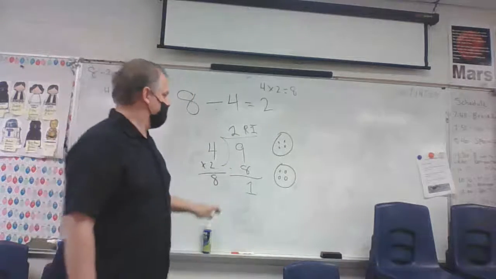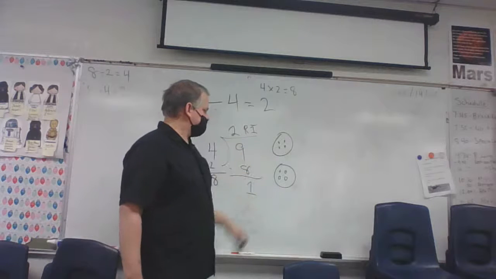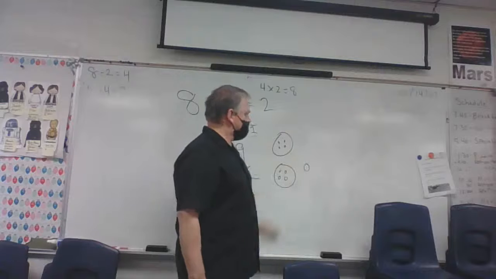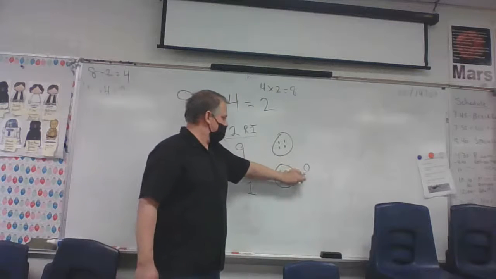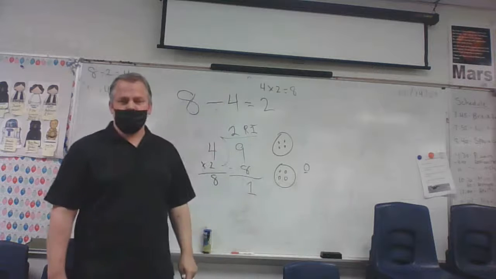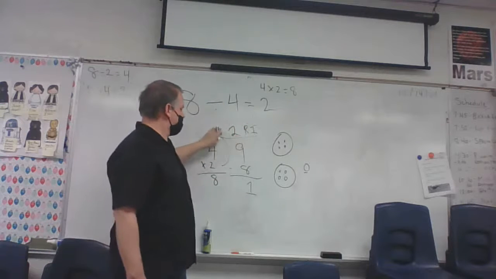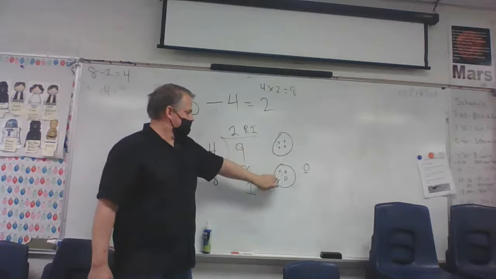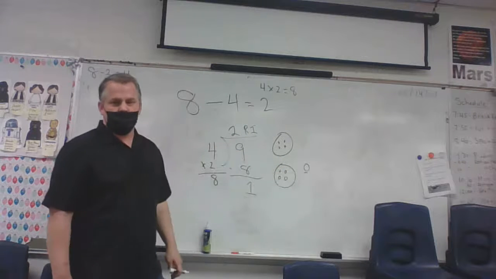So now I have 8 there in my circles. But now I have 9. So I have 1 left over. My remainder is 1. One got left out. So I have 2 wholes, remainder 1. 2 whole circles of 4 and a remainder of 1.